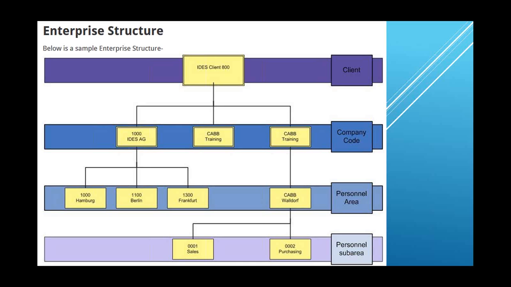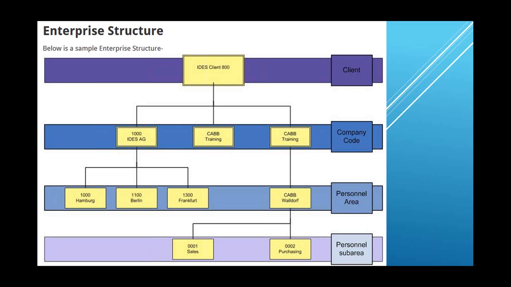Again, that is used for various purposes like time management, payroll, reporting, authorizations, and things like that. To give an example about a personal sub area, the personal area could be a physical location where the company is based out of, and the personal sub area could be the departments where employees are working.